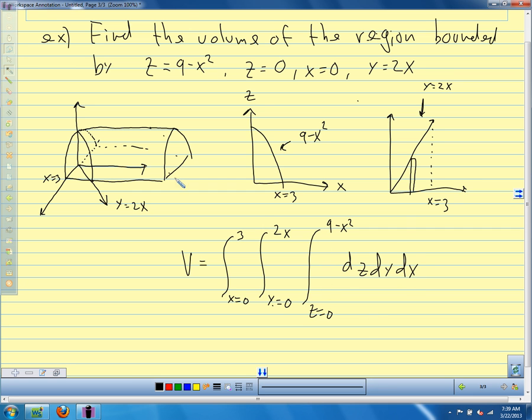So I integrate up to our surface first, then I integrate to our limits here, and then I integrate along the x direction. So that integral would give us our volume. Questions on how we set that up?